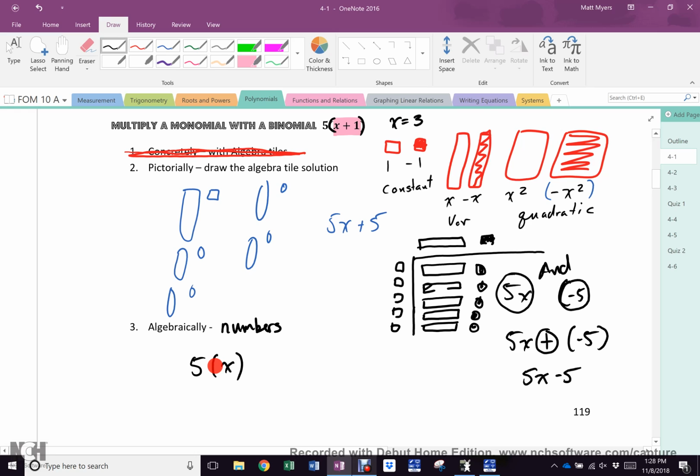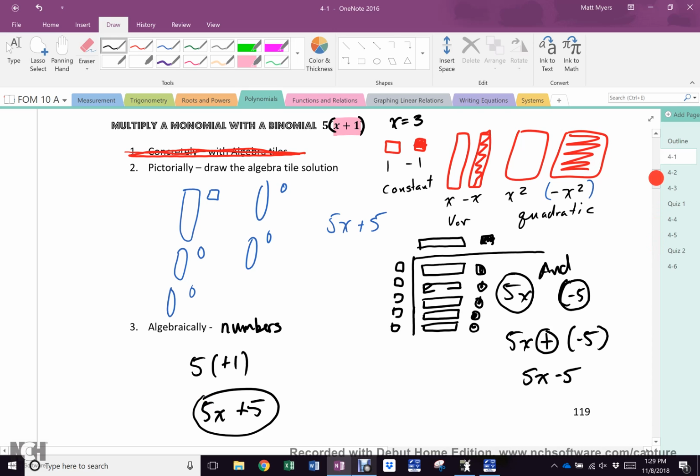Do we know what x is? No, so we have to write 5x, right? If there was no x there, what's 5 times positive 1? Positive 5. 5x plus 5. Everybody cool? You all already know that, but you need to know why it works. That's why it works. Everybody cool?